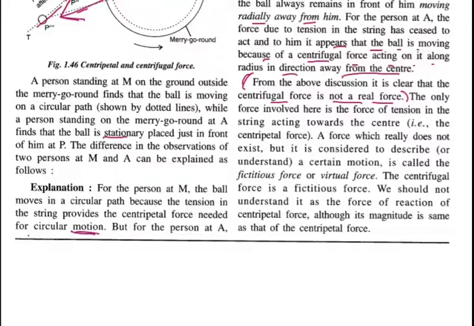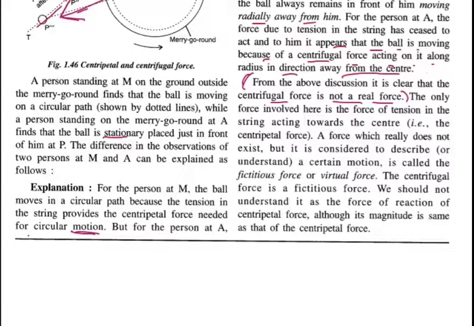If it were a real force, then both persons, wherever they may be placed, would feel that force. They would watch that due to that force some displacement has been offered. They would definitely feel that some forces are acting.